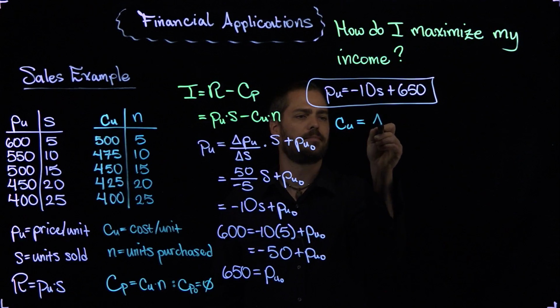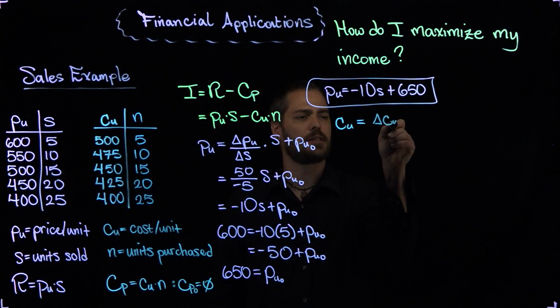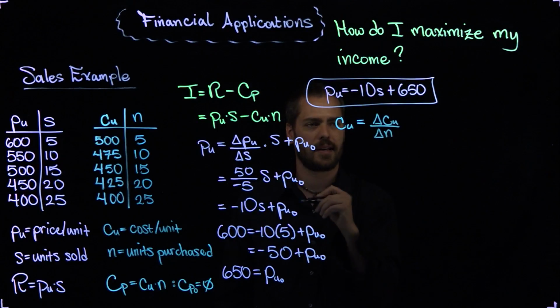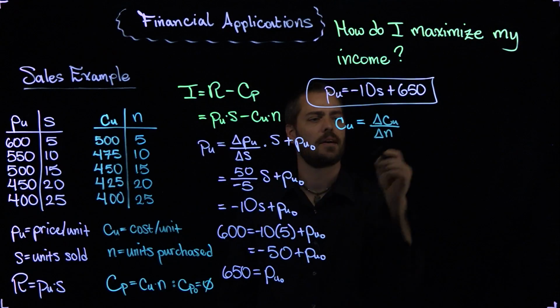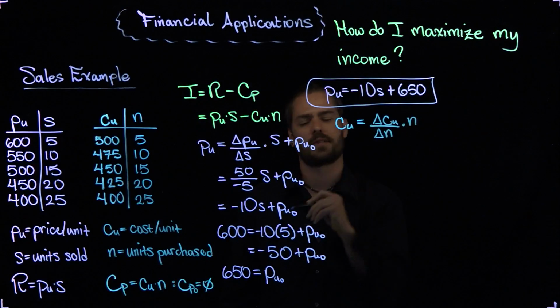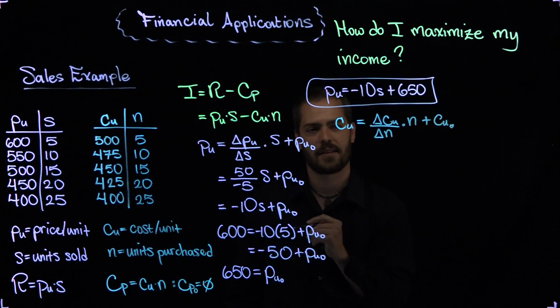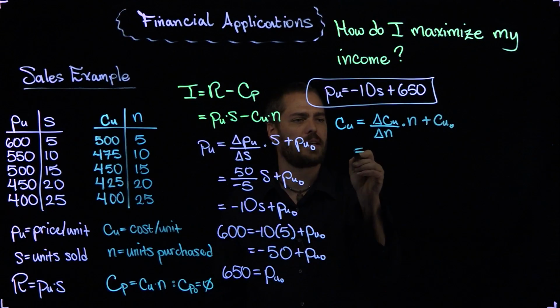So I want to define my change in cost per unit over my change in number of units sold, and that's like the slope of the linear equation, times number of units sold plus some initial value related to this cost per unit equation. And now I'm going to keep going from there by plugging in numbers.